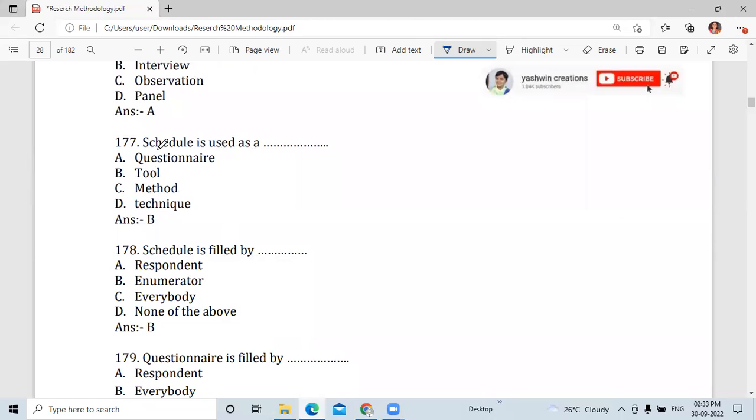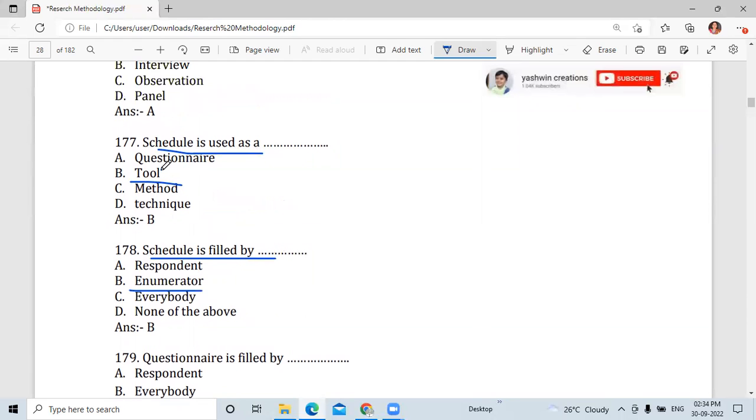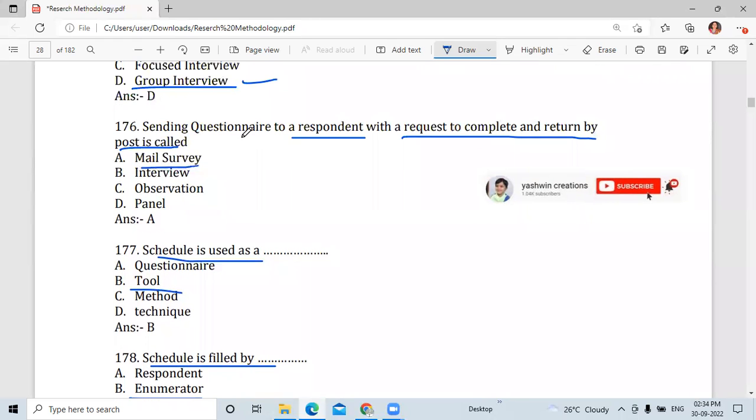Next, the schedule is used as a tool. Schedule is filled by whom? It is filled by the enumerator. Sending a questionnaire to a respondent with the request to complete and return by post is called what?